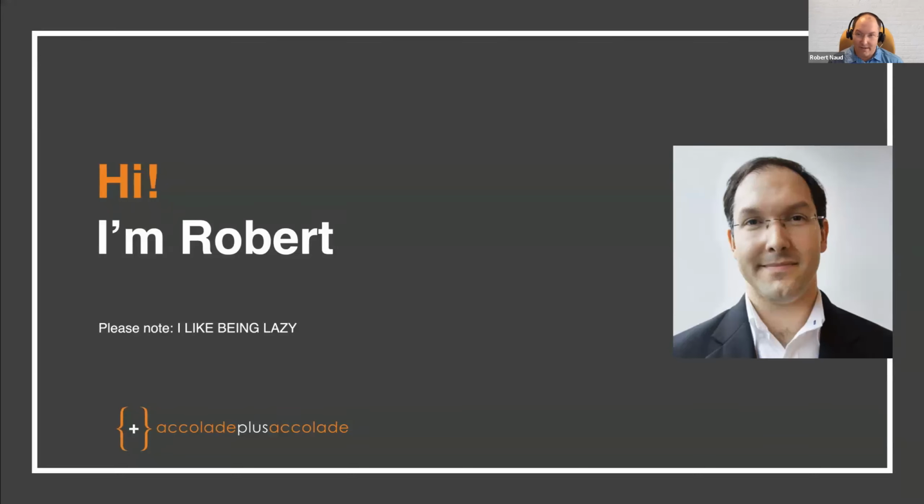For those who may not know me, I'm Robert, and I've been doing FileMaker stuff for some time now. I also like being lazy, lazy in the good way, not the bad way, the way where you try to get more efficient so you're not working on things that are wasting your time. And APIs fit right in for that type of thing.